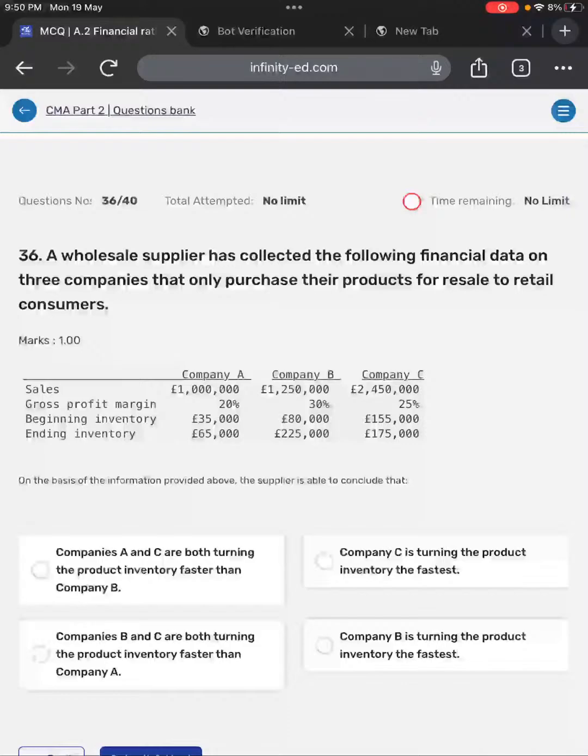It means we have to calculate gross profit margin. 20% means, what will be the 1 million is 80%, 8 million. Okay, that's 8 million plus 20% equal to, no, it will come.